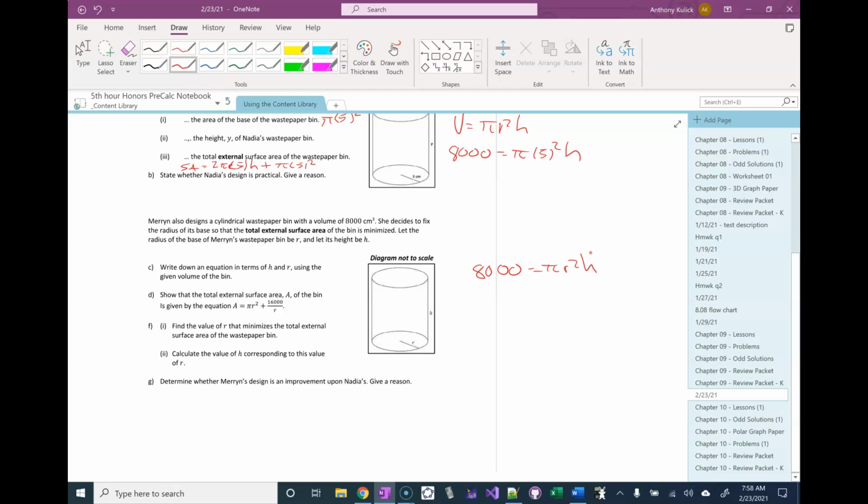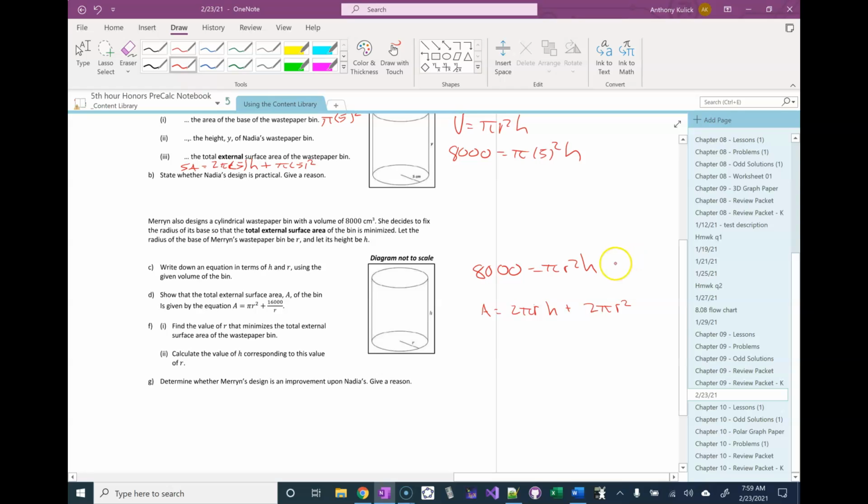It says, show that the total external surface area, A, of the bin is given by this equation. Well, I know that my surface area equation is this. Notice that this equation, though, has an h, and the equation that I'm trying to get to doesn't have any h's in it.